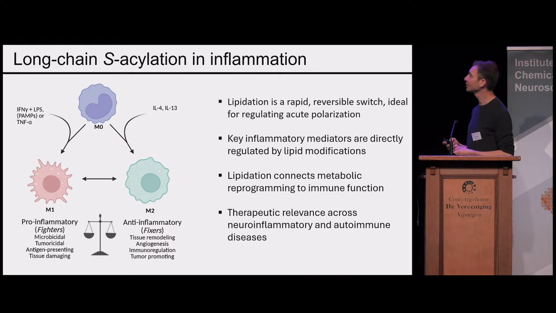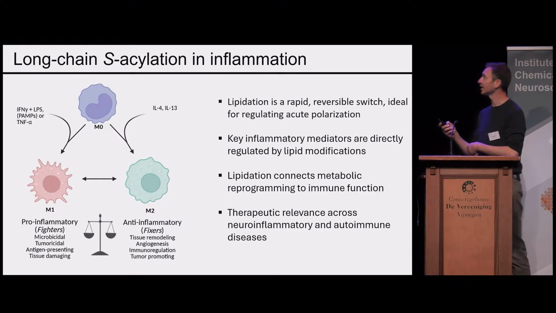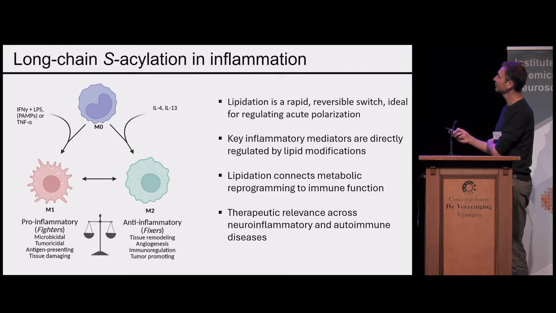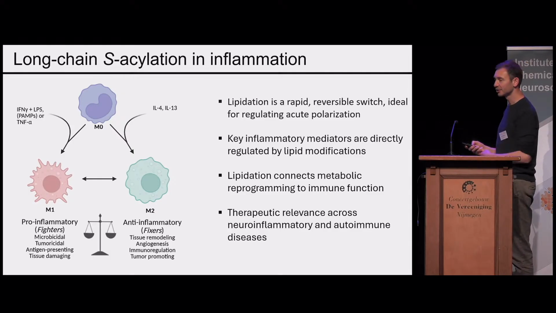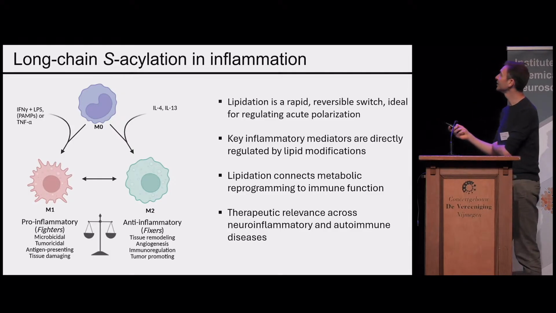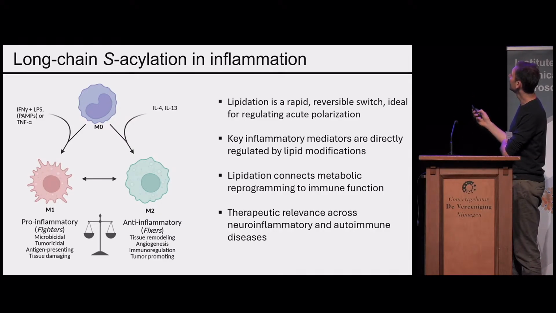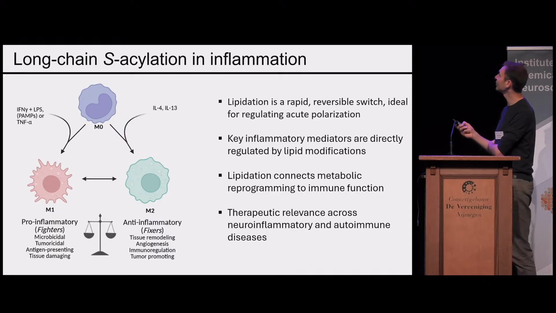You can maybe appreciate that post-translational modifications could be highly useful to quickly change between these states, in what is actually a highly simplified view of macrophages. Lipidation is rapid and reversible, regulating acute polarization.